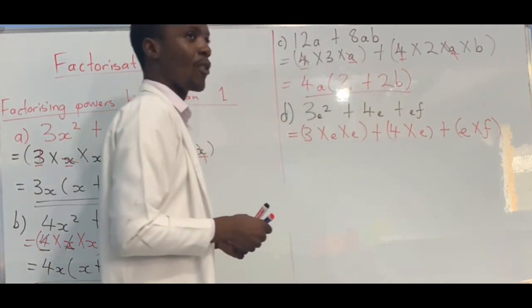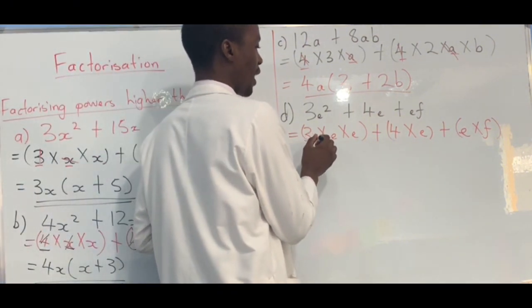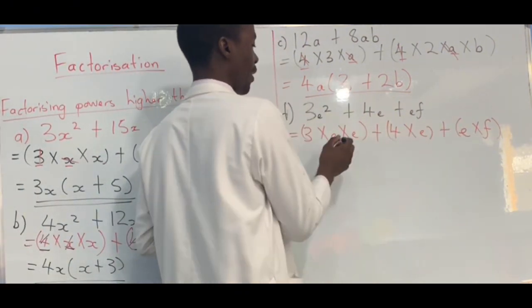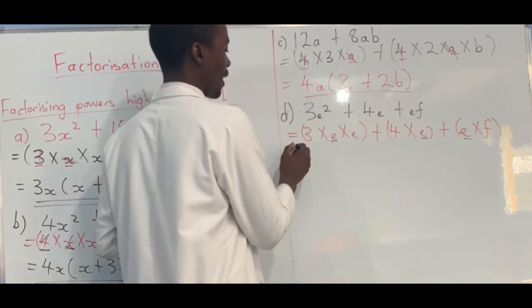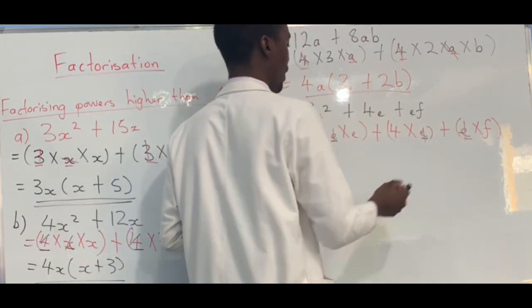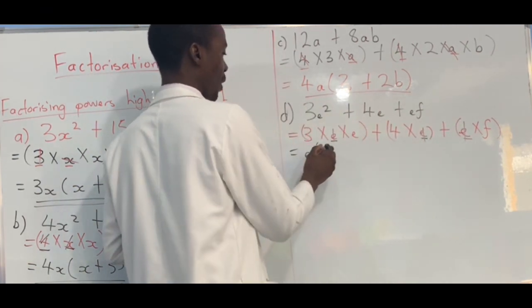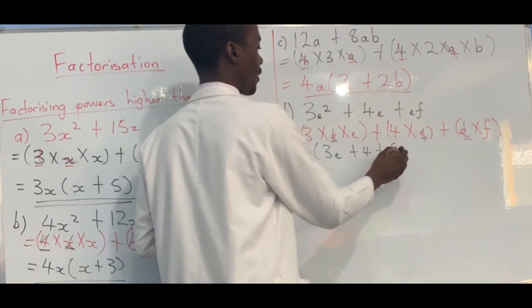Alright. You can see here in our expanded expression, we do not have 3's in the other expressions or 4's, but we only have e. We have e, and e there. So we factor out e, cross it out. Then we are left with 3e plus 4 plus f.